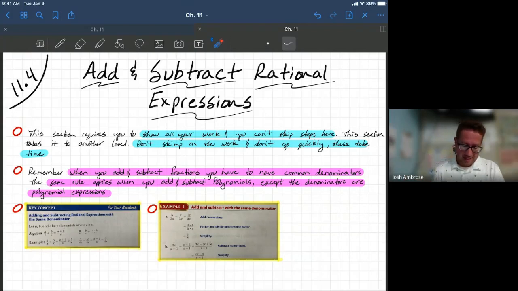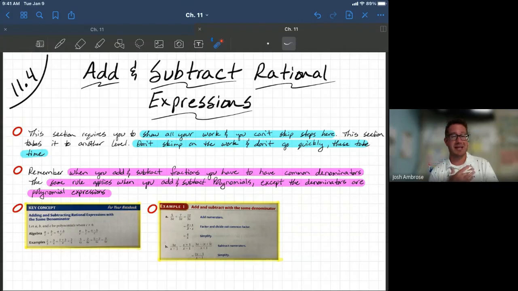Now, remember how to add and subtract fractions. This is what we're doing. We're adding and subtracting fractions, except we're adding and subtracting fractions that possess seemingly different polynomials. So that's, of course, the big twist to all this. When you add and subtract fractions, you have to have common denominators.